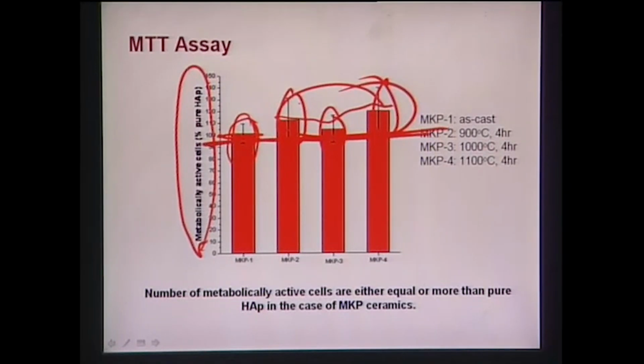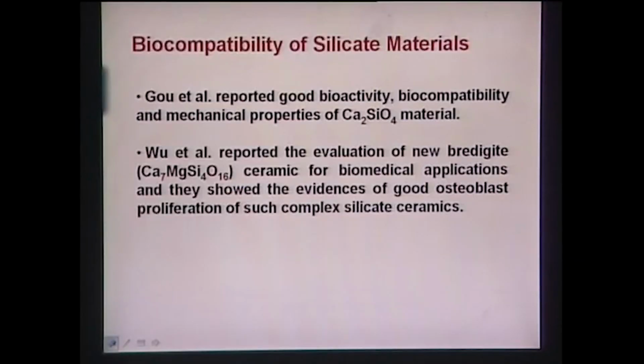That is very good, because you are proposing an alternative phosphate material where the MTT values after culturing with L929 cells show good cytocompatibility and good cell viability, like that of pure hydroxyapatite. Now, why do we think these materials have good biocompatibility? There are some literature reports, mostly from Chinese researchers, that for Ca2SiO4, calcium silicate materials, have reported good bioactivity, biocompatibility and mechanical properties.